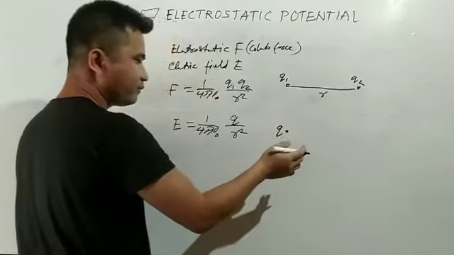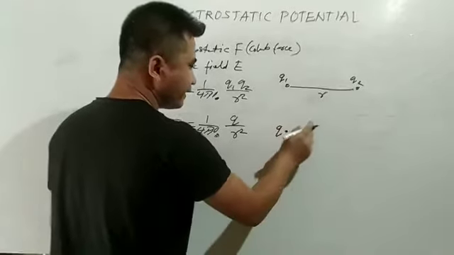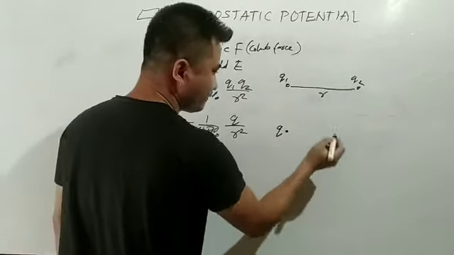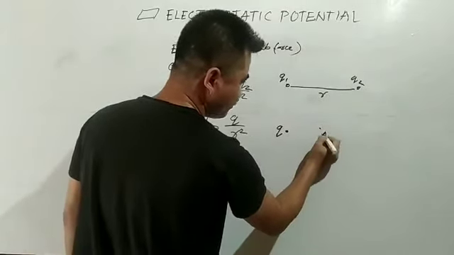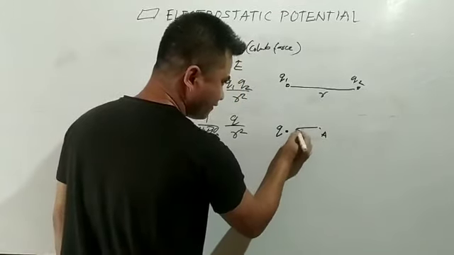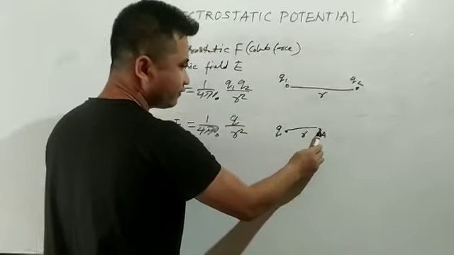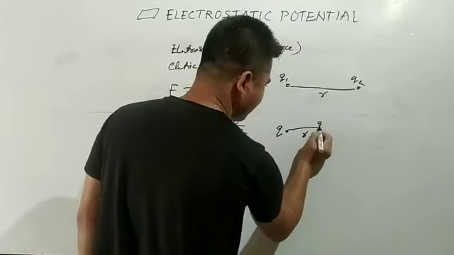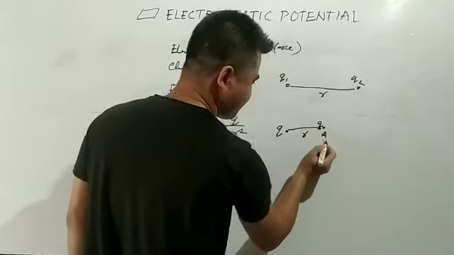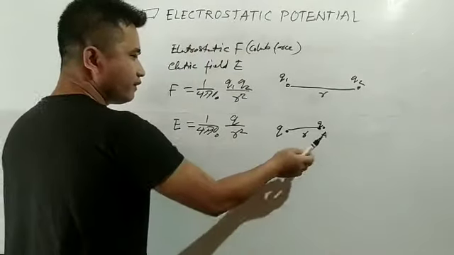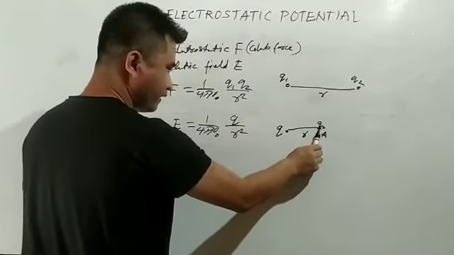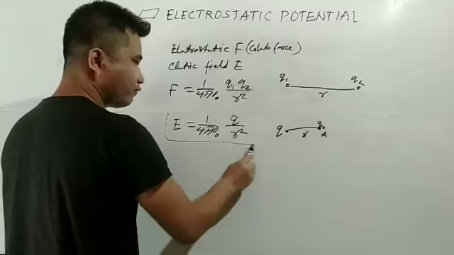We want to find the electric field at any point around this charge, let's say point A at a distance R. In order to find the electric field here, we have to place Q naught here. So the electric field at point A is given by this formula.